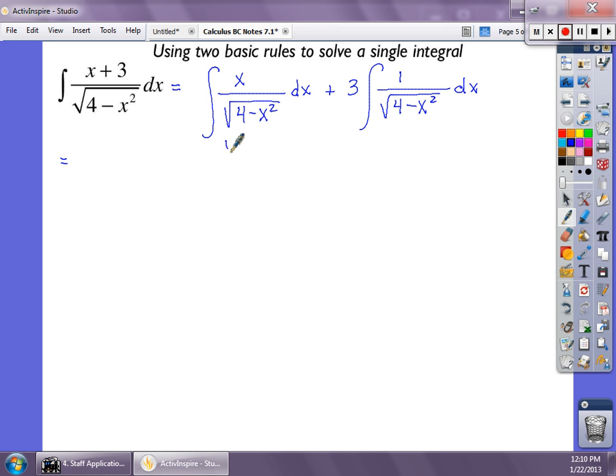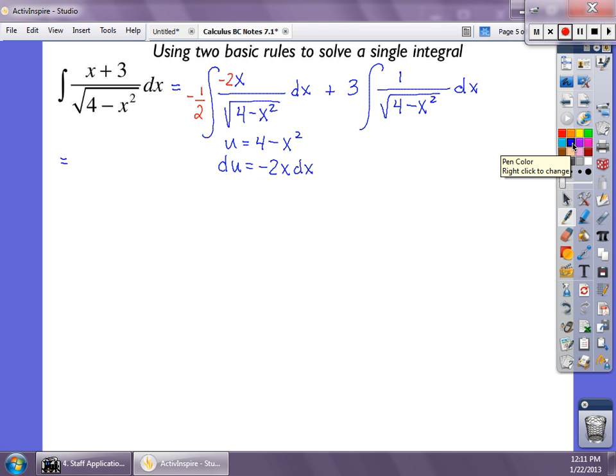We're going to let u equal 4 minus x squared in this case, so that du is negative 2x dx. I don't have that right now. All I have is an x dx, so I'll rewrite up here, negative 2, negative 1/2.